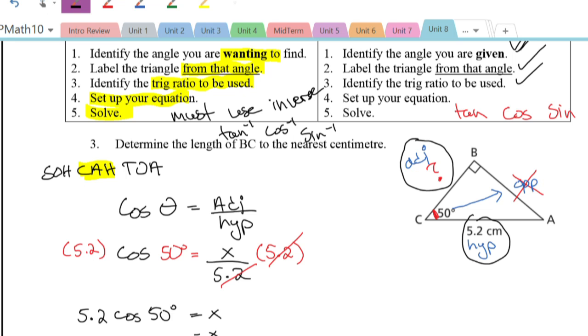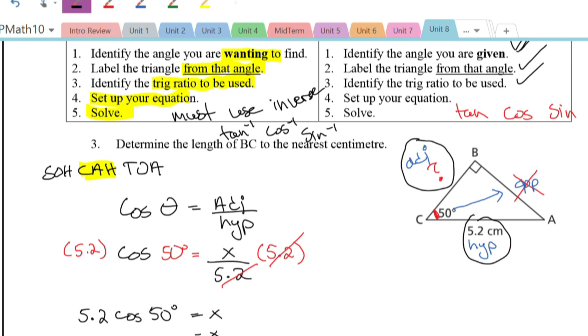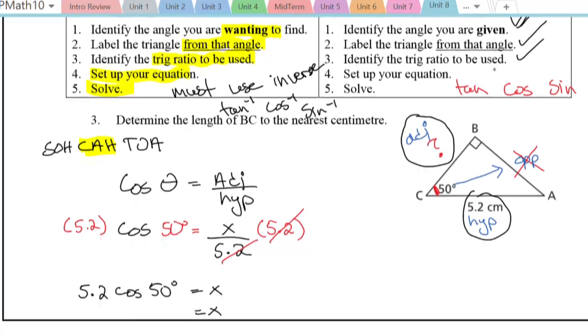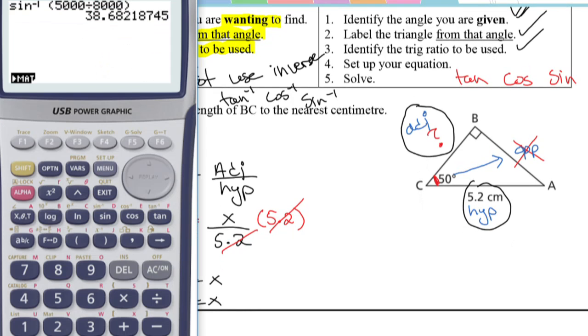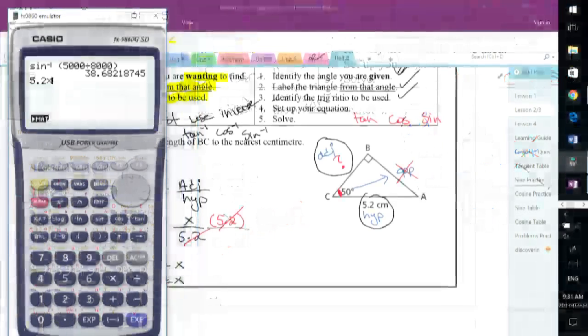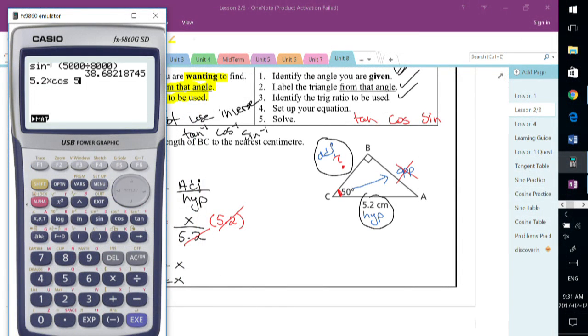Now, your calculator can likely accept that equation just like you've written it. So let's see if we can get it to work. 5.2 cos 50. I'm going to put in 5.2. I'm going to go multiplied by the cosine of 50 degrees. I'm going to hit enter, and I get 3.34. Does that make sense?